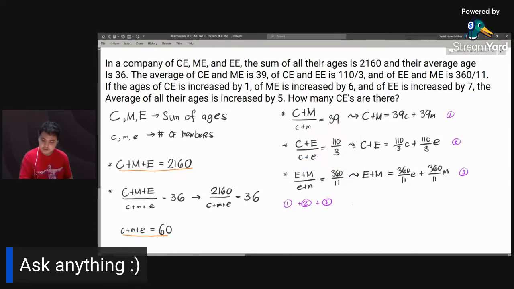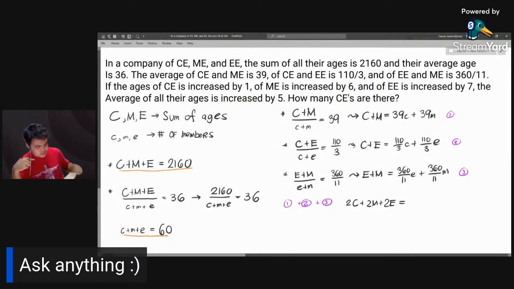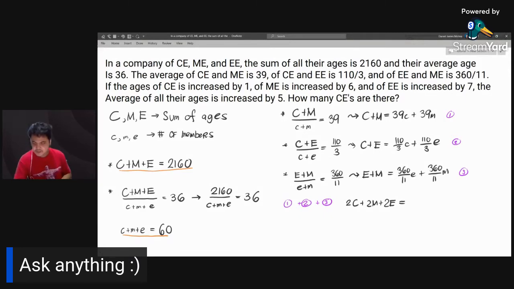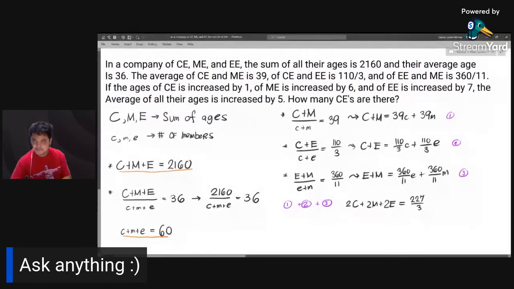Ito ay, yan. Two C, two M, two E, no? And for the right-hand side, yung simplify na lang natin, no? Yung para sa C, we have 110 over 3 tsaka 39. Sabi naman kasi, bakit puro fraction?